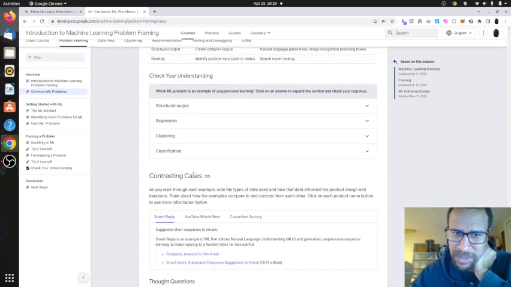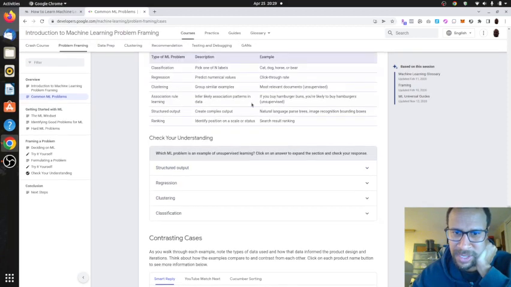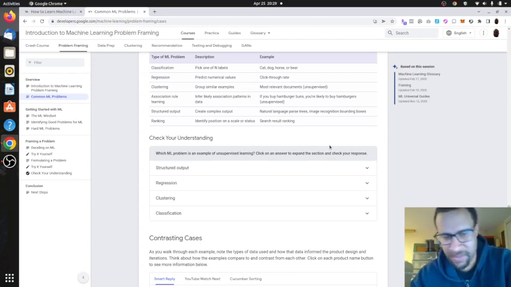Check your understanding. Uh-oh. Did I learn anything in the last couple of minutes? Let's see. Which ML problem is an example of unsupervised learning? Click on an answer to expand a selection and check your response. Unsupervised.